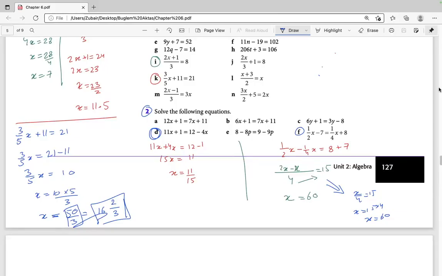Positive, negative, or taking the LCM? I'm trying to find where I messed it up and got 7.5. I think it was moving the 1/4 to the other side. Okay, I messed it up there.